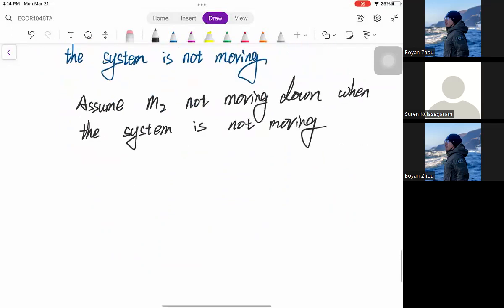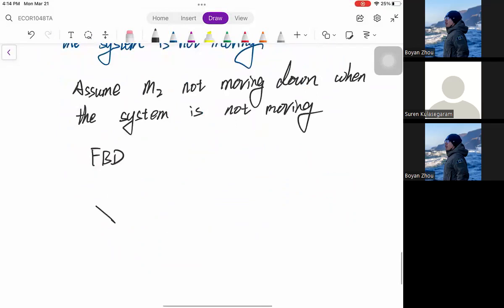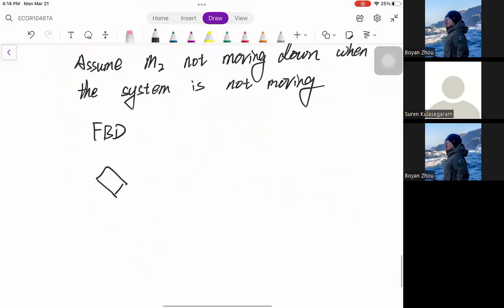In this case, you can draw the free body diagram for the block. Everything is perfectly balanced. We have gravity, a supporting force, and friction. Since the block is not moving, along the dashed line the force should be perfectly balanced.